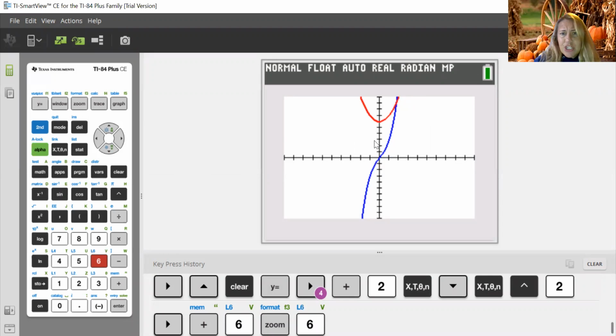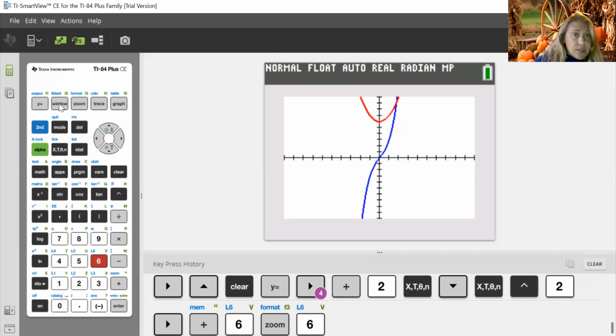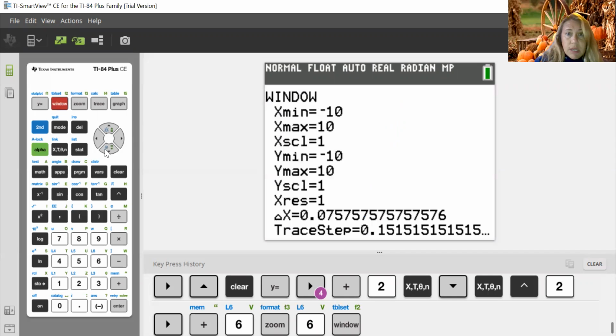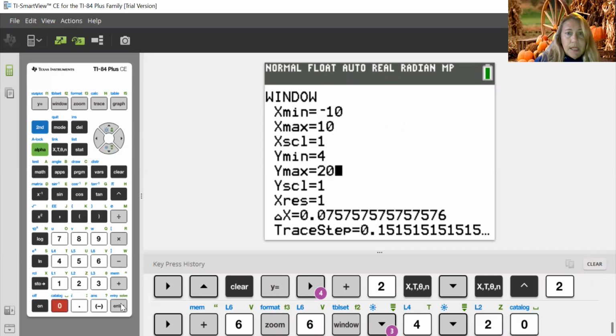I'm going to change my y min to 4, because nothing from here down is of any interest. So go into window, y min, as I said, I'm going to change to 4. Now I need to make that y max bigger. Why don't I try 20?